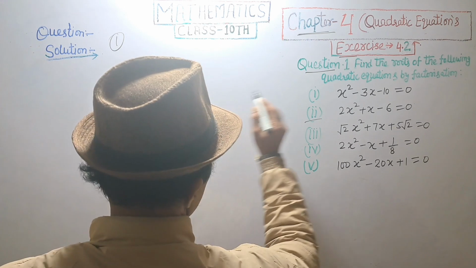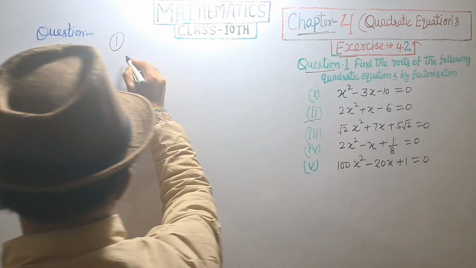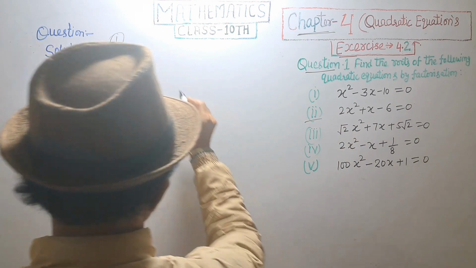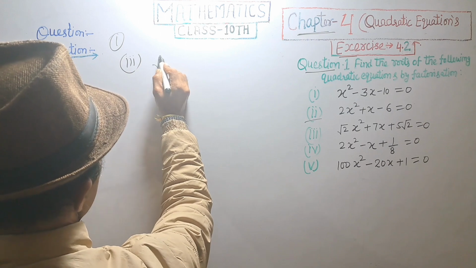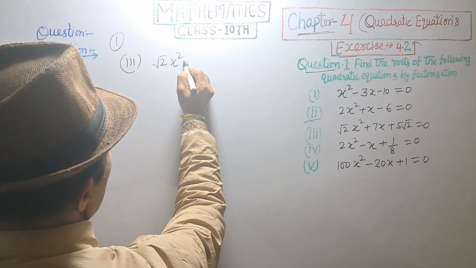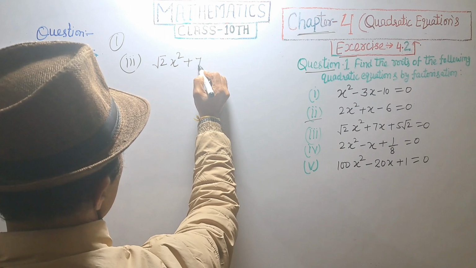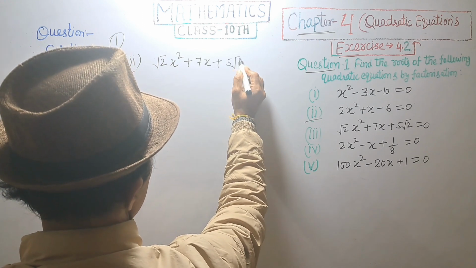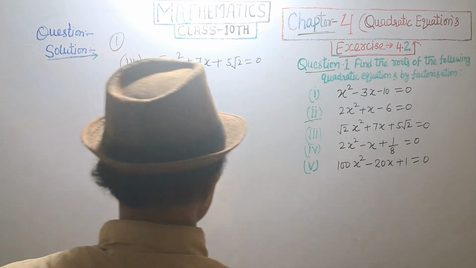Answer. Question number 1, third part. Root 2 x raised to power 2 plus 7x plus 5 root 2 is equal to 0.